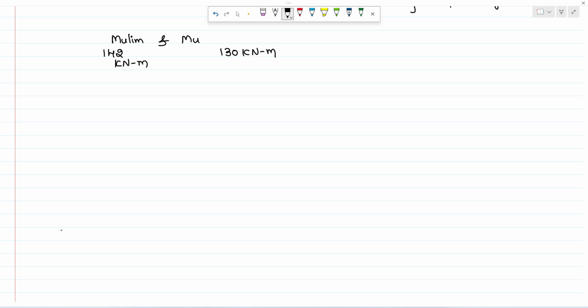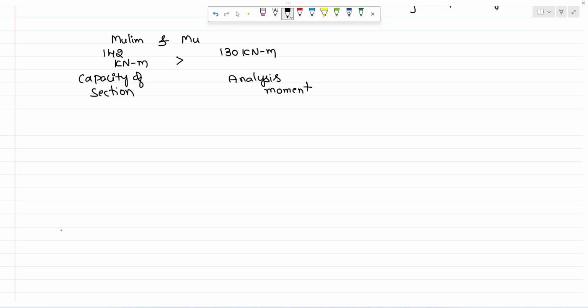So 142 is your capacity of section and 130 is your analysis moment. In this case, Mu limit is greater than Mu, which means the capacity of the section is much higher than your analysis moment.